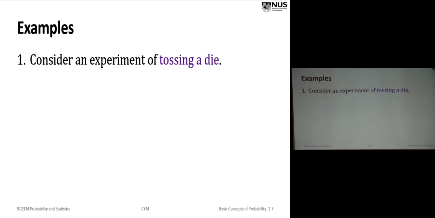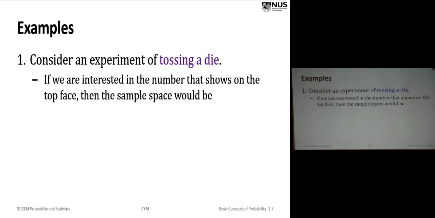So this is my experiment. What are the outcomes? If I consider the outcome as the face up, then it will be just 1, 2, 3, 4, 5, 6. Consider it an ordinary, normal die. Have you seen some die with more than 6 faces?